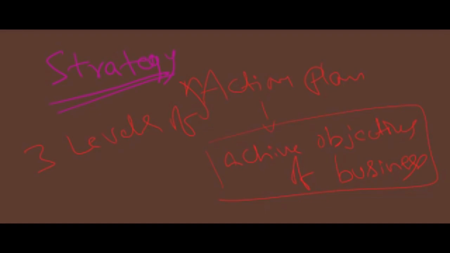One is corporate level strategy, second is business level strategy, and third is functional level strategy. So you have three kinds of strategies. Now let us look at all these three.